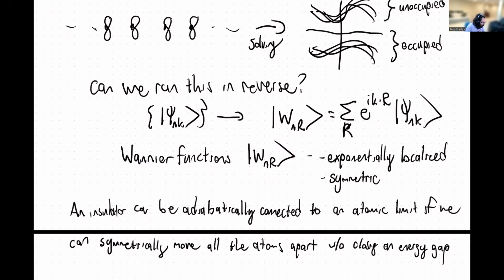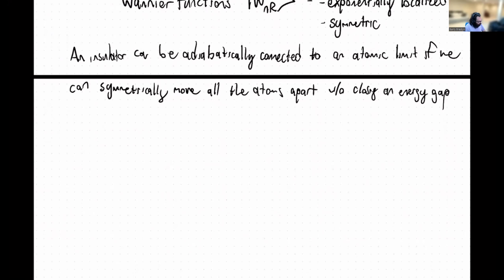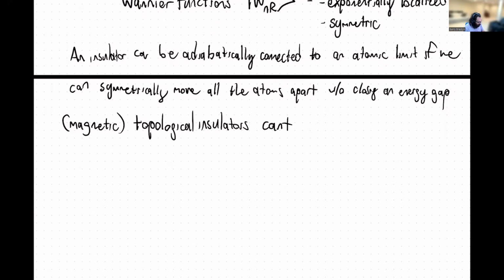But we know that there exist insulators that can't be adiabatically connected to an atomic limit. In particular, this is how we define topological insulators. Topological insulators are those that cannot be adiabatically connected to an atomic limit without closing a gap.